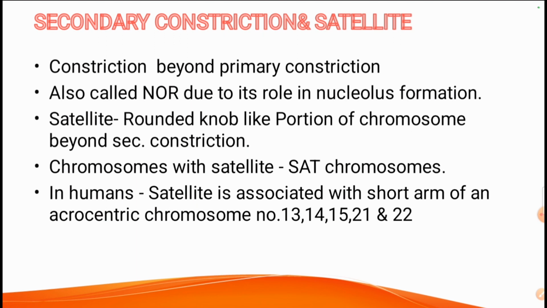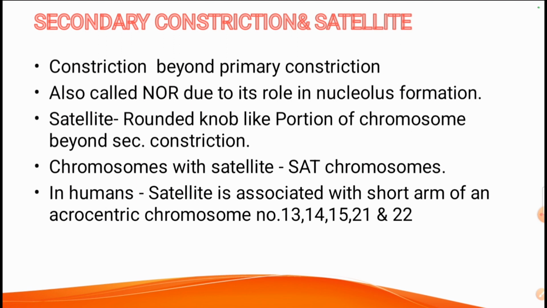Remember, in humans the satellite is associated with the short arm of the acrocentric chromosomes number 13, 14, 15, 21 and 22. So this is your secondary constriction and satellite. I will discuss acrocentric chromosomes in the video on types of chromosomes.